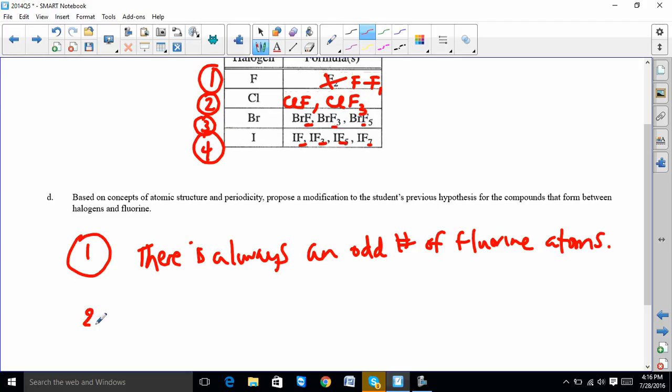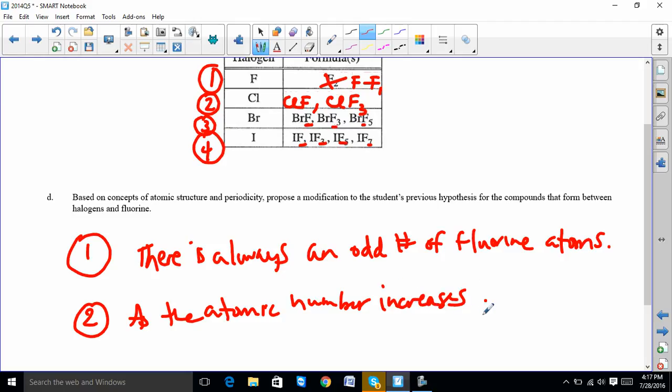And 2, as the atomic number increases, that's generally how we say in chemistry as you move down the table. So this is atomic number 9, 17, 35. As the atomic number increases, the number of compounds increases. That's really all they were looking for.